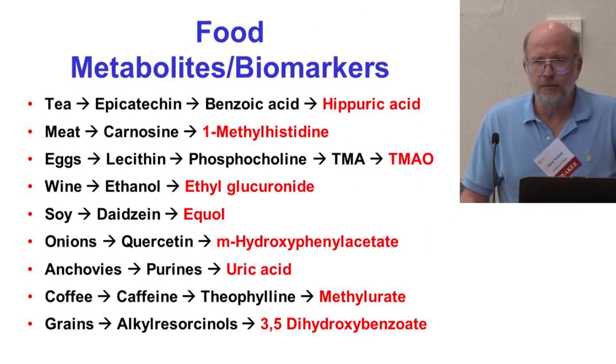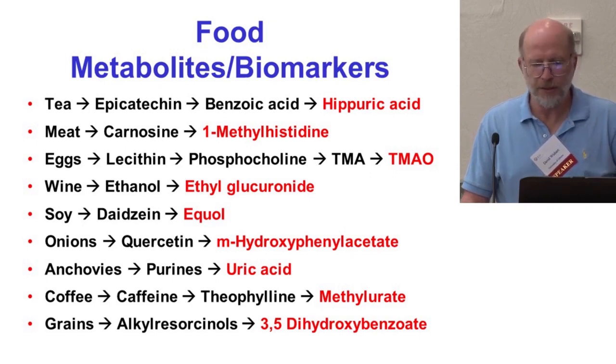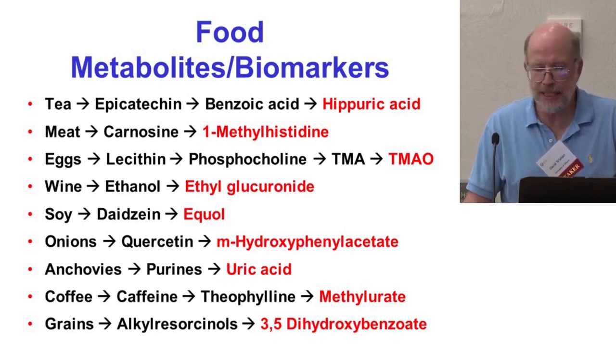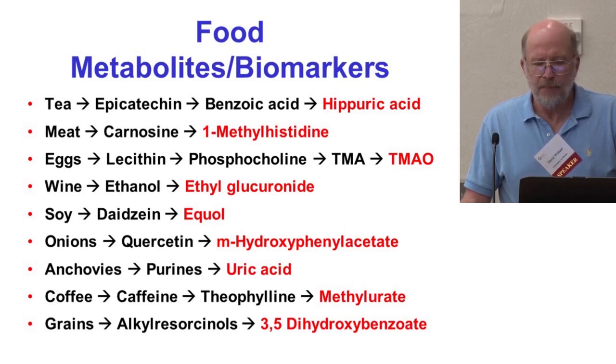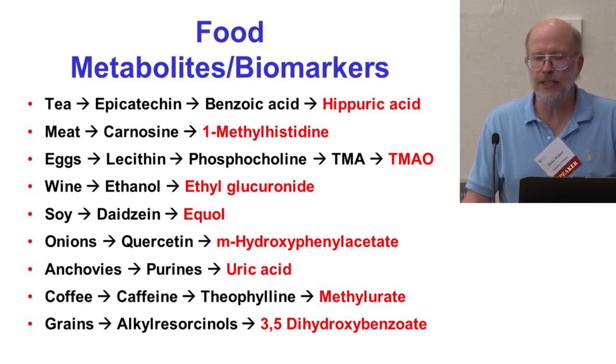Now, as I mentioned before, compounds that we eat are typically transformed. So if you drink tea, the epicatechin that's typically in tea will be transformed by your gut microflora into benzoic acid, which then will be finally excreted as hippuric acid in the urine.